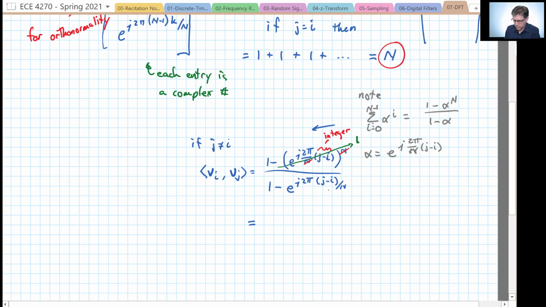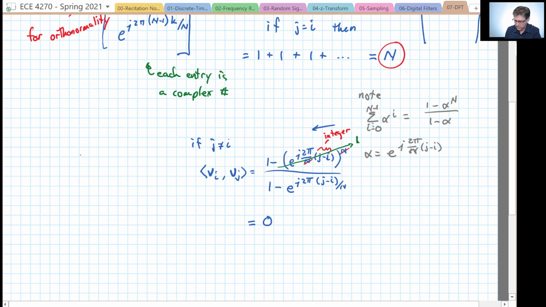Now, we had to treat j not equal to I separately, because if it's equal to I, then of course the bottom is going to be 0, and we get 0 over 0, and we have to do some sort of L'Hopital's rule or something like that. But here, we can just say this is equal to 0.